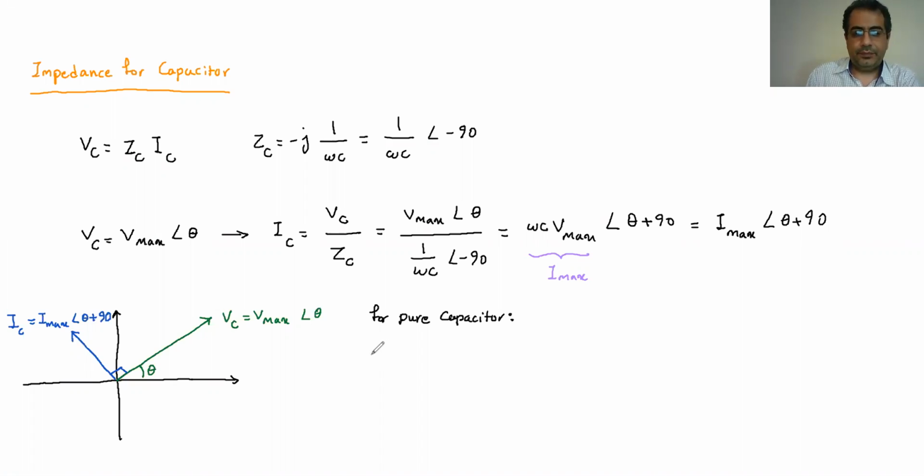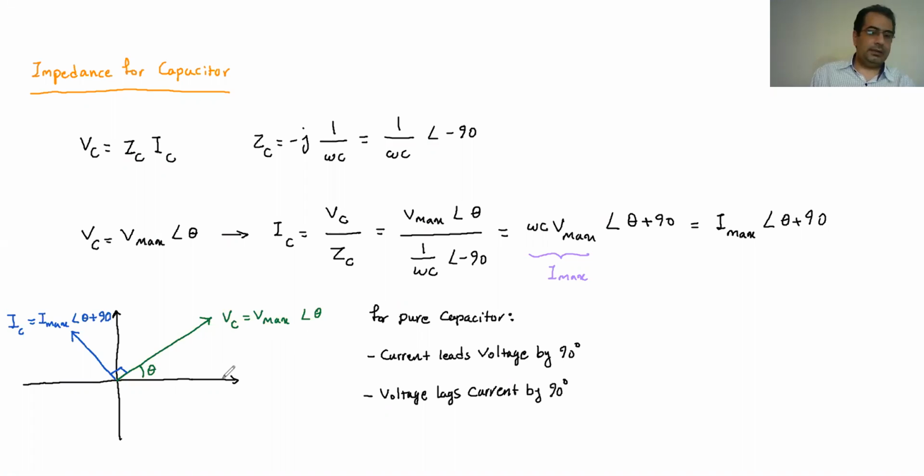So I can say the current leads voltage by 90 degrees, or voltage lags current by 90 degrees. If I look at this, again we consider everything counterclockwise. Counterclockwise, I is ahead of V, so we say that it is leading.